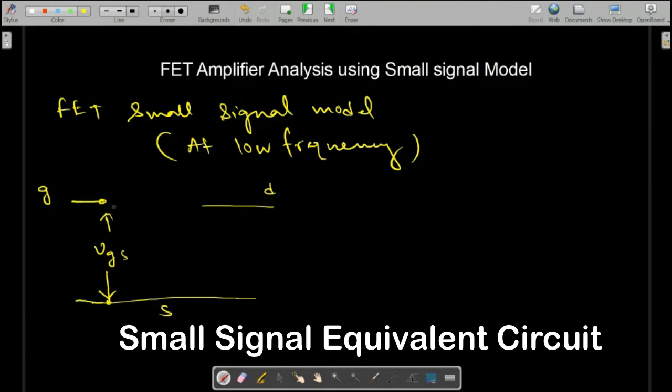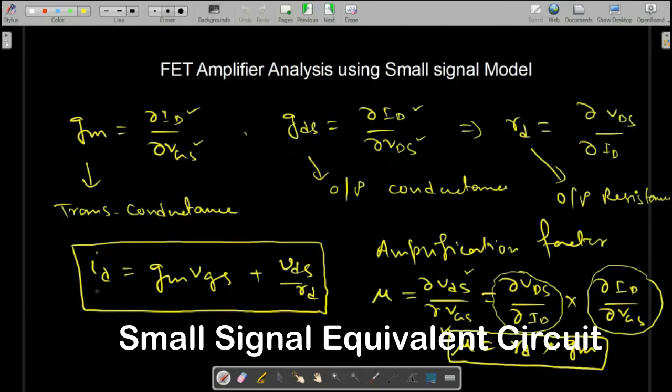The voltage we are applying between gate and source is VGS, and the voltage at the output side, between drain and source, is VDS. The current flowing at the drain terminal is ID. Now check, ID has two parts.